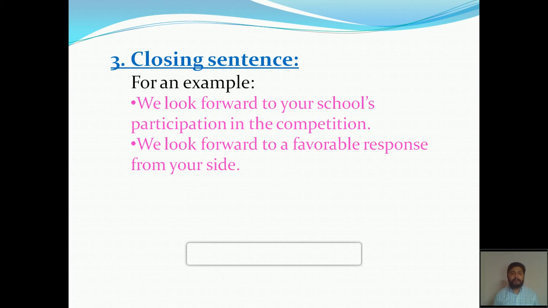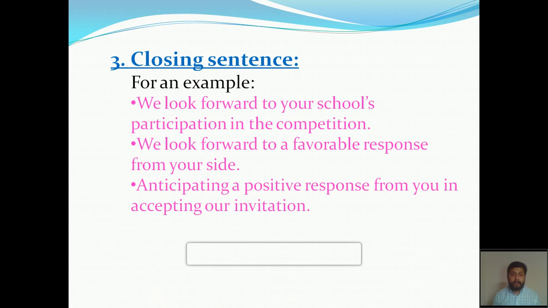We have invited a person to be the chief guest of our event, and we can close the email with a sentence like, we look forward to a favorable response from your side. Or we can write a sentence like, anticipating a positive response from you in accepting our invitation. So here we are expressing that the particular person will be accepting our invitation.